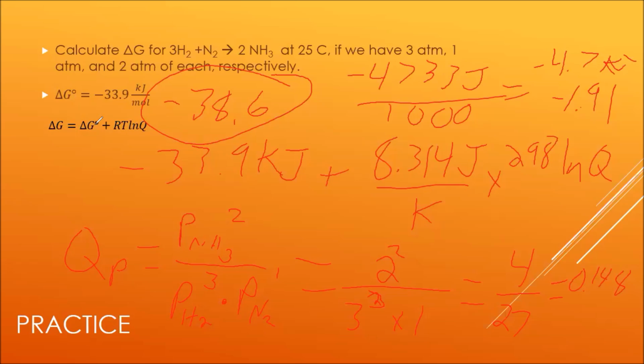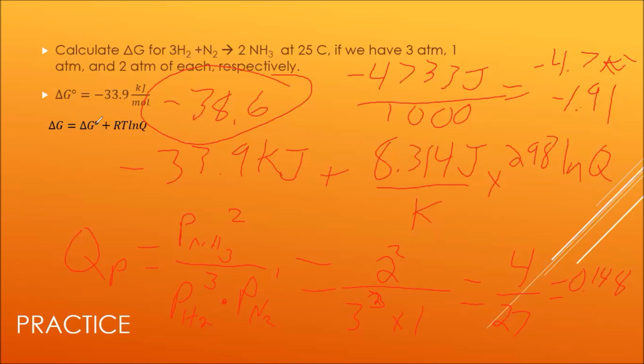And in fact, if there was only one ammonia, or even less than one ammonia, let's say hypothetically almost zero ammonia, that means it's going to be a heck of a lot more spontaneous. Because as ammonia approaches zero, Q is going to approach zero, and ln of zero is going to approach infinity.